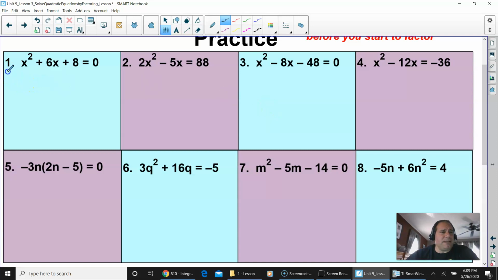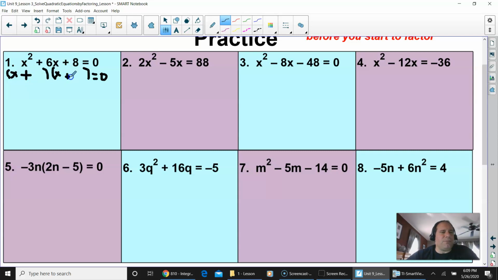This is pretty easy. We're going to look for factors that multiply to 8 and add to 6. Since this is all addition, we could just put x and x, and then plus and plus, right?